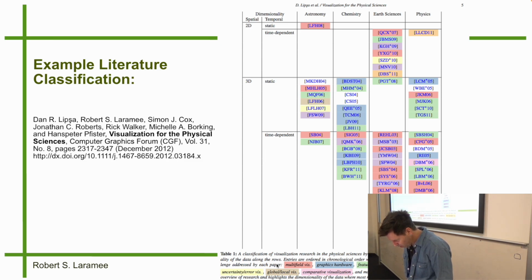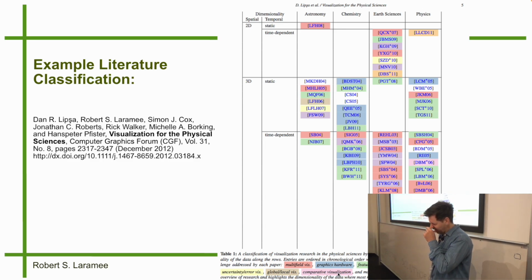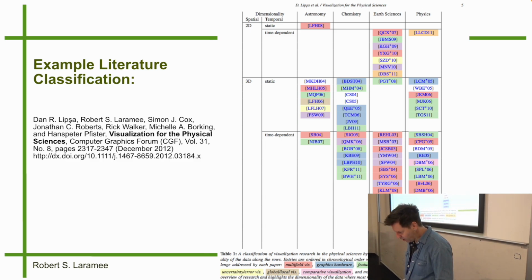It could be multi-field visualization, graphics, hardware, feature detection, scalable visualization, time-dependent visualization, uncertainty visualization, global versus local visualization, and so on, comparative visualization. So that's quite an advanced classification. I know that this one right here happens to be a feature detection topic.